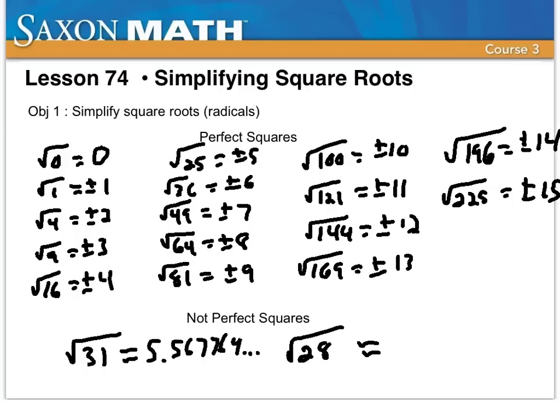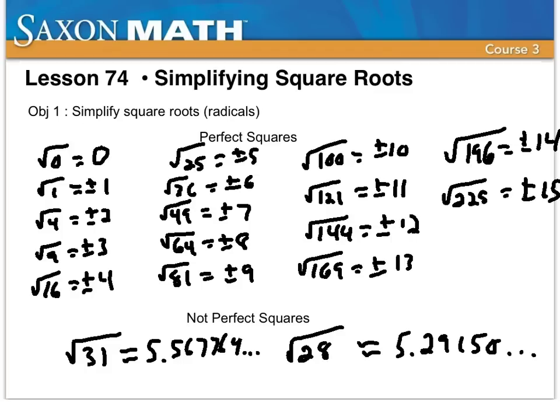And the square root of 28, for example, is not a perfect square because I get 5.29150... and it just keeps going and going and going. So again, perfect squares are numbers that we know the square root of. These could be decimals too, like if I had 0.25, the square root of that is 0.5, but for the most part we're going to be dealing with these whole numbers and perfect squares.